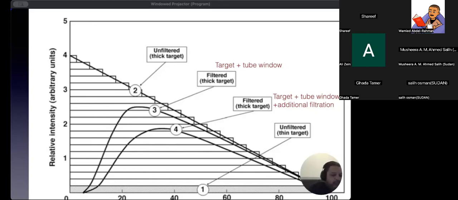But I think it's obvious that the mean energy for curve 3 is going to be higher than the mean energy for curve 2. Essentially, if we add more filtration, we are decreasing the energy fluence coming out from the beam, but what we're gaining is that we're increasing the mean energy of the beam. So the mean energy for curve 4 is going to be higher than that for curve 3 and for curve 2.